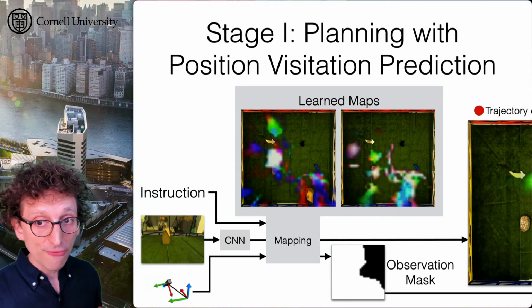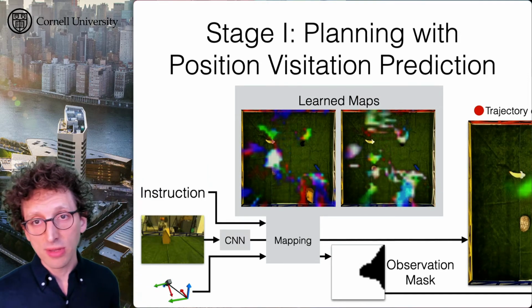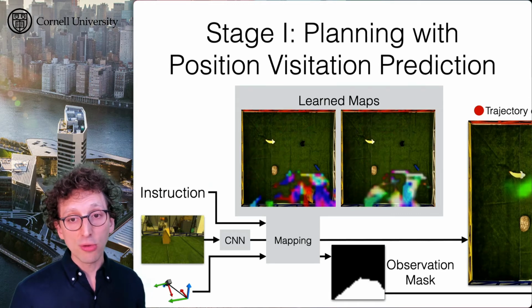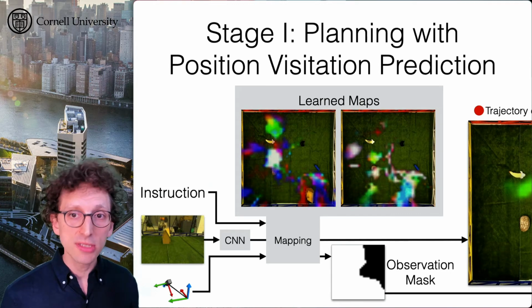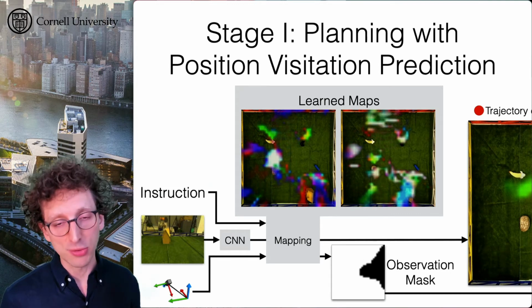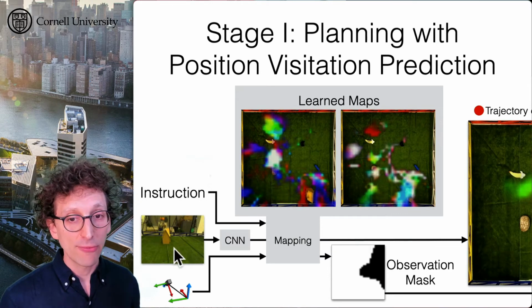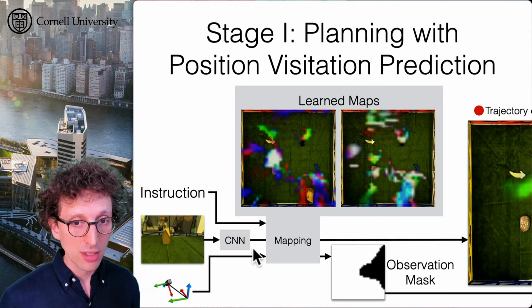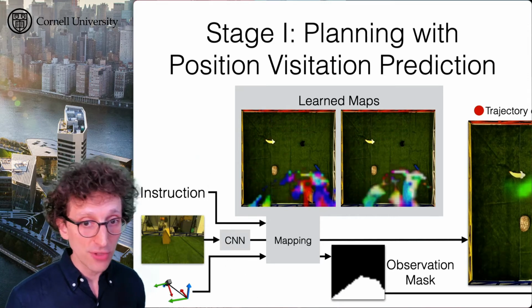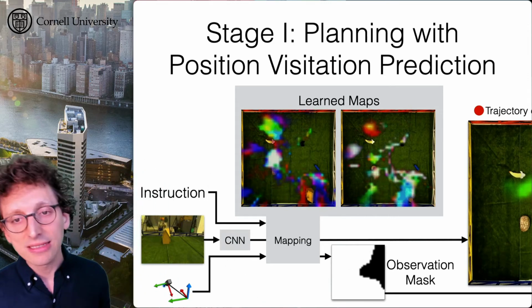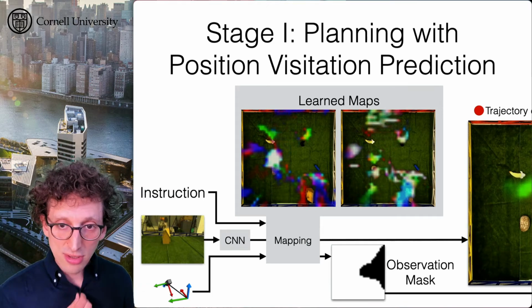So in this first stage, where we are generating this visitation distribution, we have this mapping process where we generate two learned maps of the environment. Given an instruction, a first-person observation and the pose estimates, we generate ResNet-based features. This is a small ResNet architecture that is learned from scratch for this task.